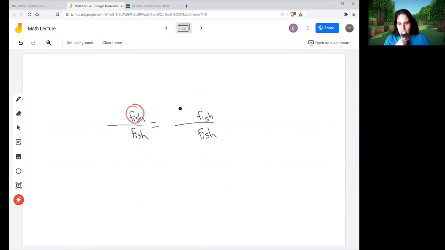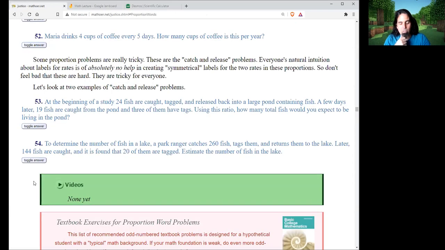It doesn't help to check if the words match on the top or the bottom if they're all the same. So you can't have everything be fish. So the trickiness of 53 and 54 is to invent labels that make sense so that the top and bottom have distinct words, and you can tell if you're turning one thing upside down or not, or if they really match.